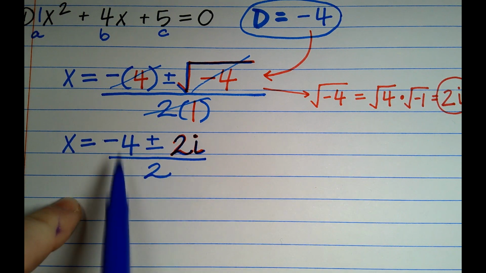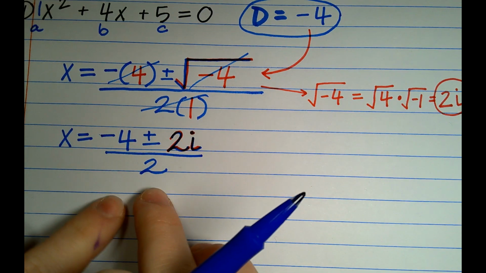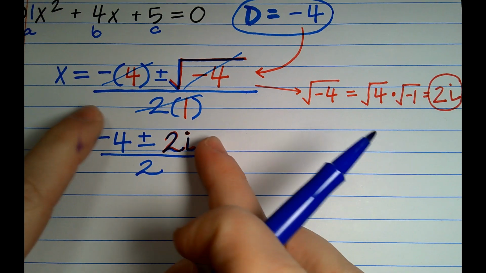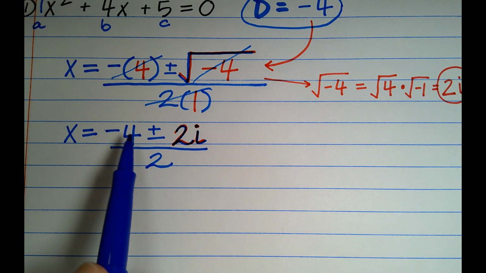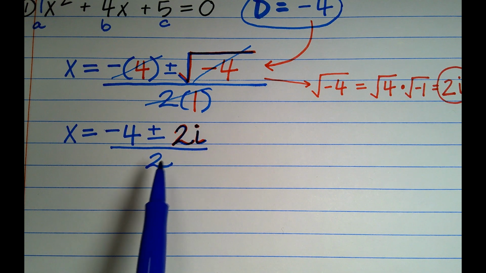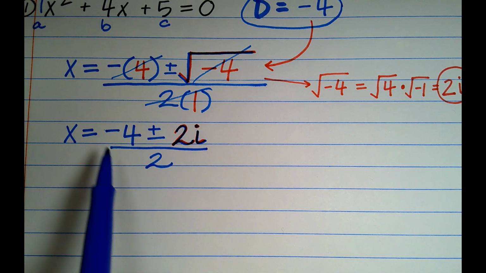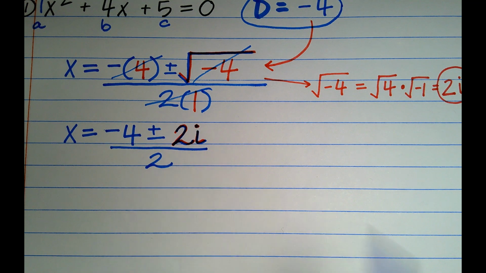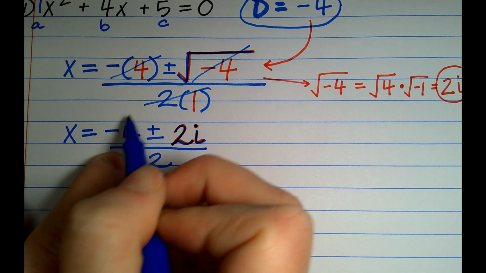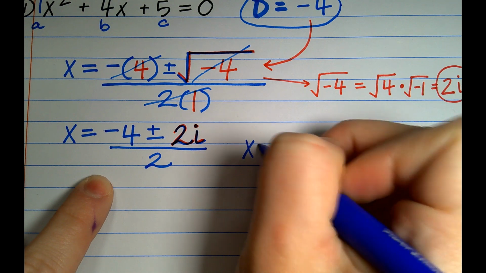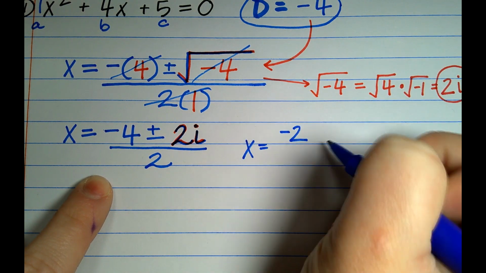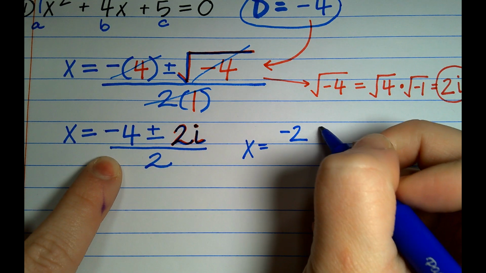What we need to do instead is see if we can simplify this as if it were a fraction. So I have a 4, a 2, and a 2. Do these three numbers have anything that I could divide all of them by? 2. So what is negative 4 divided by 2? That'll be negative 2 plus or minus.